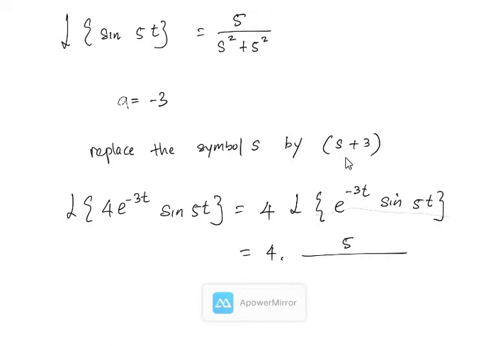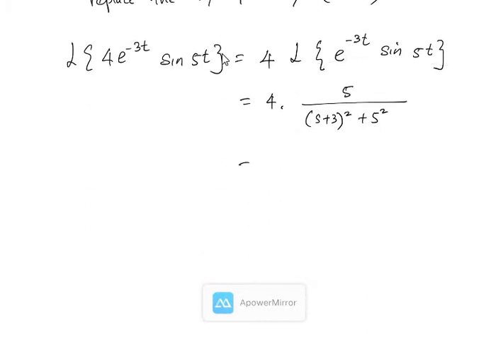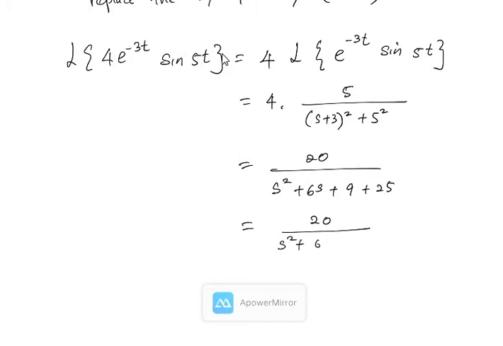So you replace the s here with s plus 3, so s plus 3 squared plus 5 squared. After I multiply in, I get s squared plus 6s plus 9 plus 25. So this is equivalent to 20 divided by s squared plus 6s plus 34.